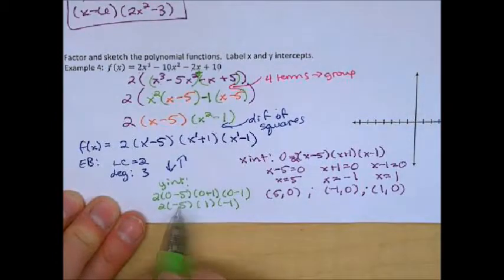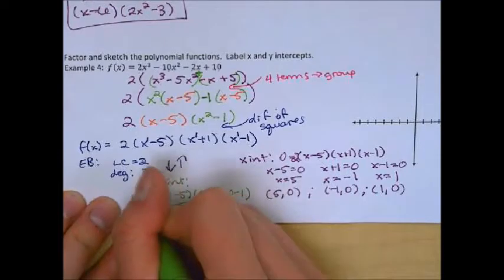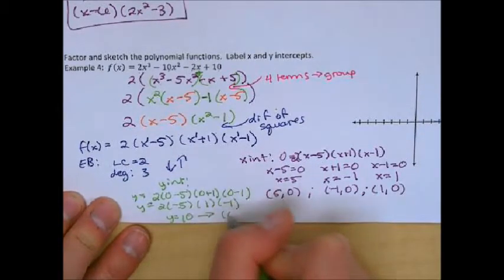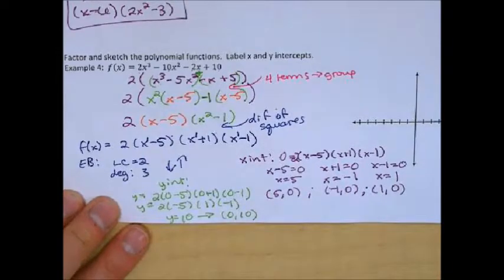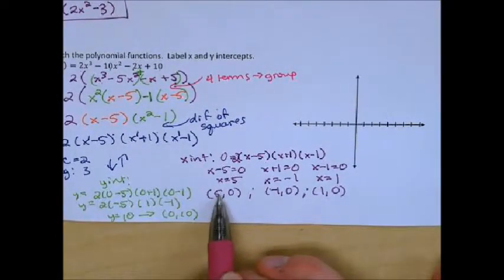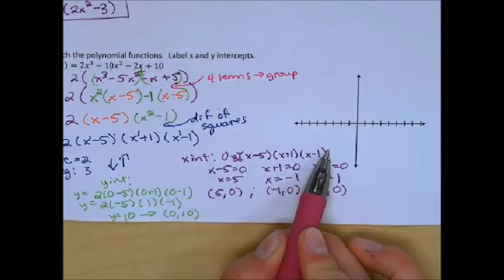I get negative 10, positive 10. And that's going to give us 0, 10. Let's graph all of this lovely information. Let's do our x-intercepts. I notice they all have multiplicity of 1.